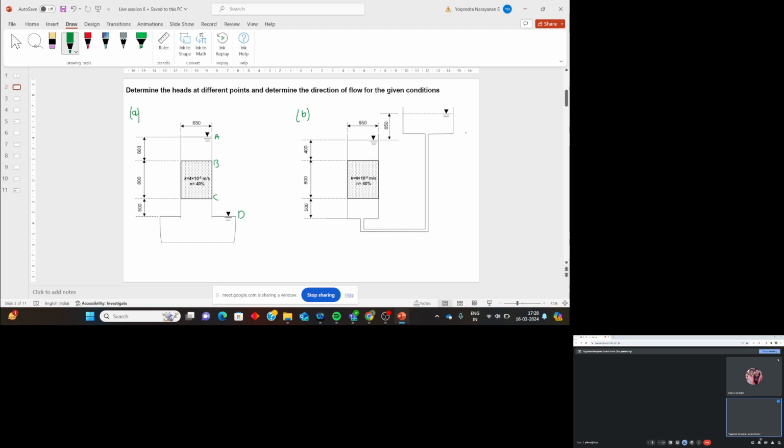Similarly for these cases also, we can determine the heads at this point, this point, and here also.